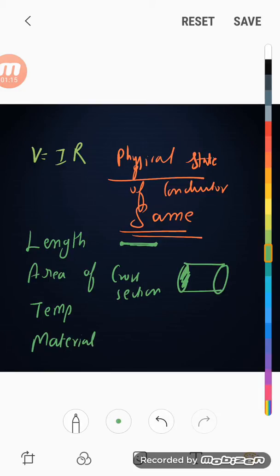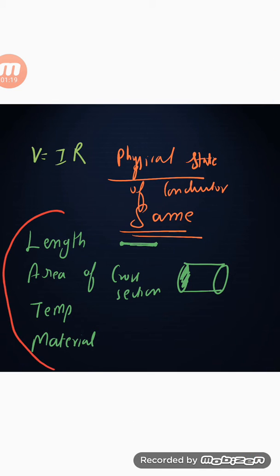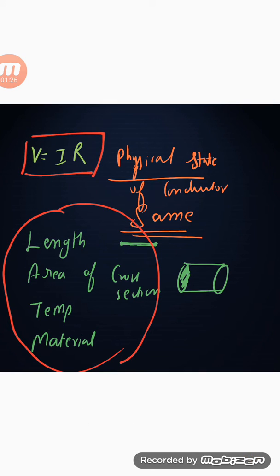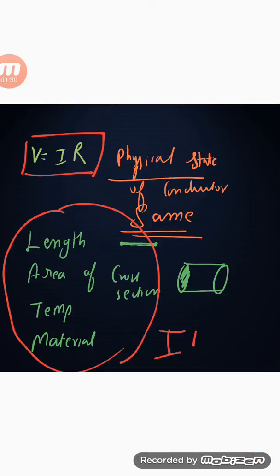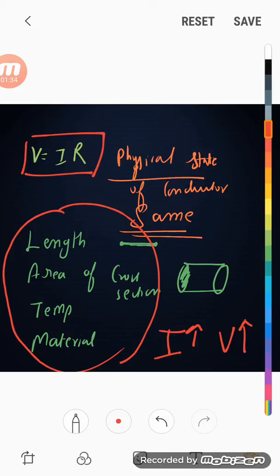When these things remain the same, then only V equals I R, then only current increases when potential difference increases. So when the physical state of the conductor remains the same, the current is directly proportional to the potential difference applied. Okay, so this is Ohm's law.